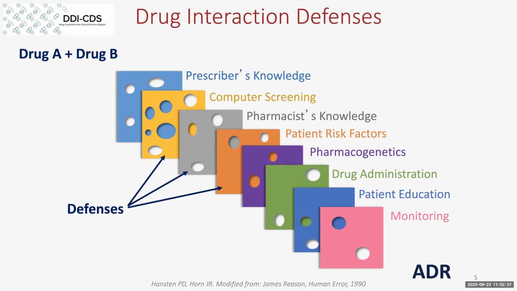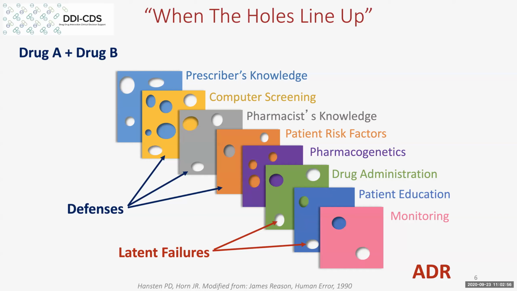This includes not only the prescriber's knowledge, but also how we build our computer systems, the pharmacist, the patient's susceptibility to the particular drug interaction, how we administer the drugs, and patient education and monitoring. It's only when we have a rare occurrence where we have a failure, which are the holes in this particular model, that we end up getting an adverse drug reaction occurring, because the patient was exposed to both.